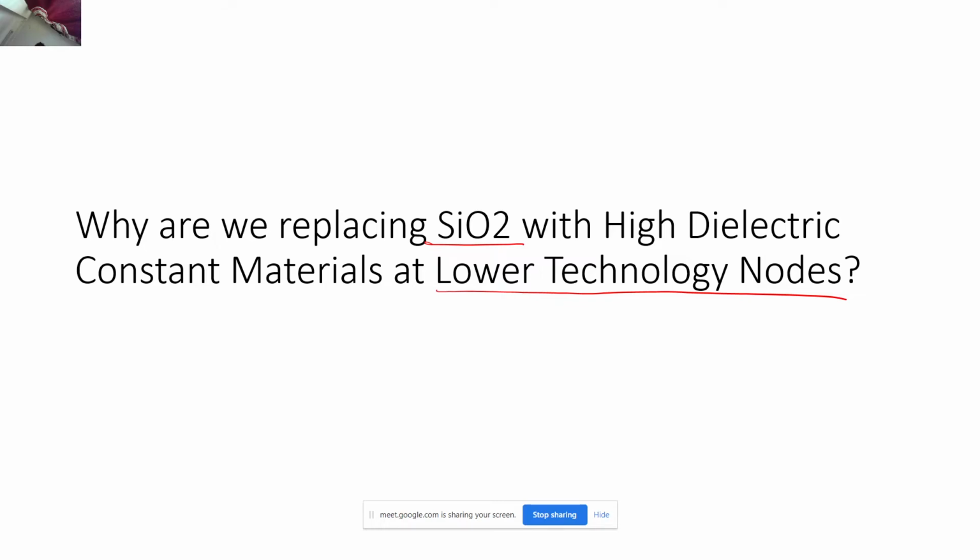If I have an area, and in a particular year I am able to fit 10 transistors on that area, he suggests that after 18 months the technology must have moved so much that within the same area I will be able to fit 10 into 2, that is 20 transistors, right?